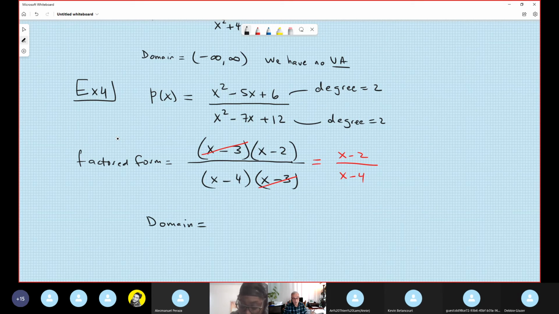We have 2 restrictions, because this is a restriction and this is also a restriction. So x not 4 and x not 3. And you say, Professor, but the 3 is cancelled out. Okay, be careful, be careful. That means that at x equal 4, we have a vertical asymptote for sure. But at 3, no vertical asymptote.